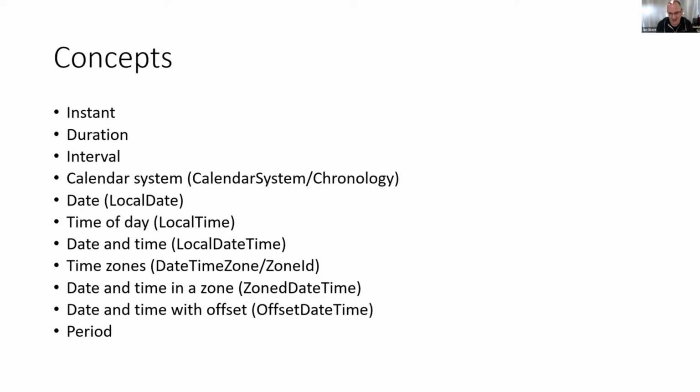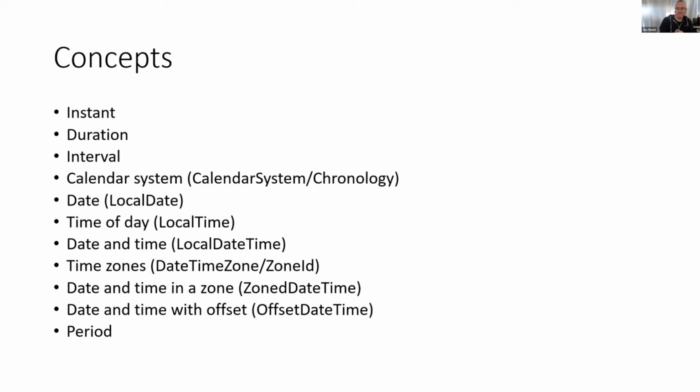I really encourage you to think of all these concepts and see how they map onto the system that you're using. And if you're using the built-in date and time model for your platform, and there is a more comprehensive one available, you should at least consider, it depends on your code base and how much legacy code you've got that's hard to change, etc. But you should consider moving to one with more concepts.